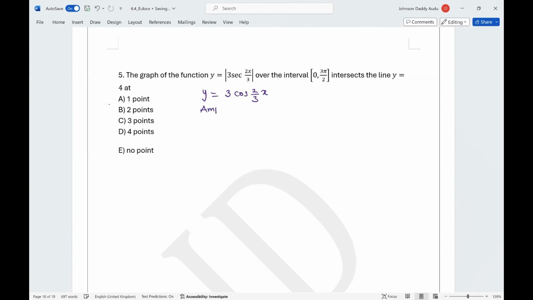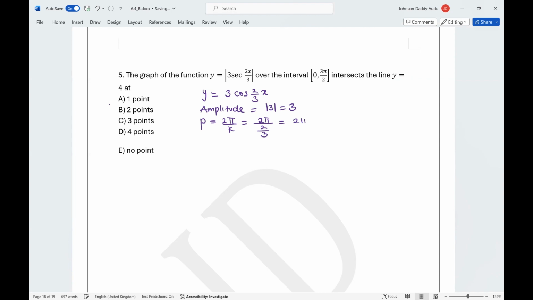So the amplitude is what? Is 3. The period is 2 pi over k. What is 2 pi over k? 2 pi over k is 2 pi over 2/3.